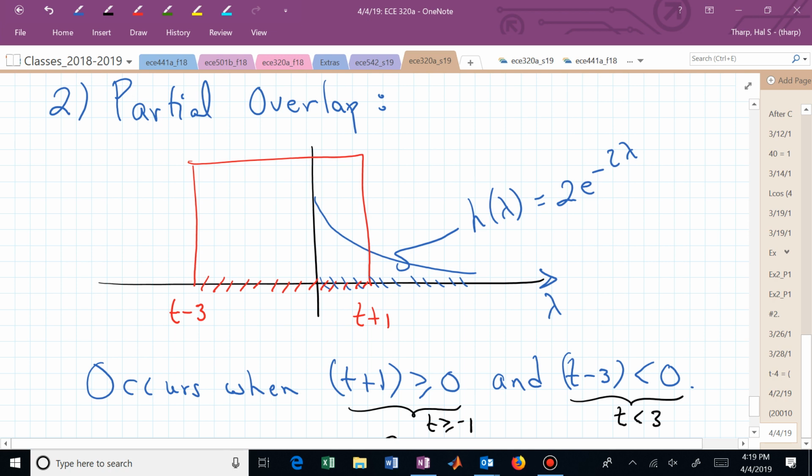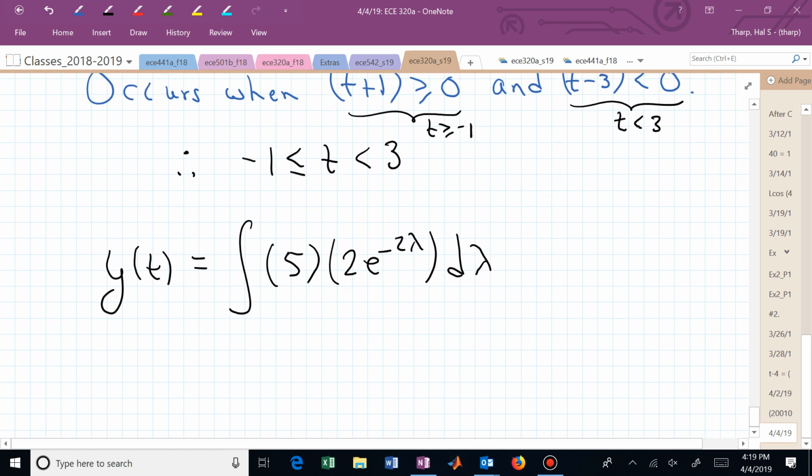Do you see that I'm not integrating from minus 1 to 3? This is where people a lot of times confuse things. The overlap is true from t equal to minus 1 to 3.